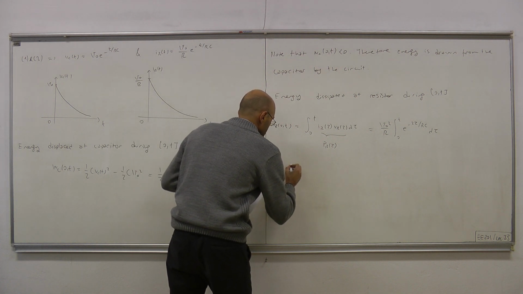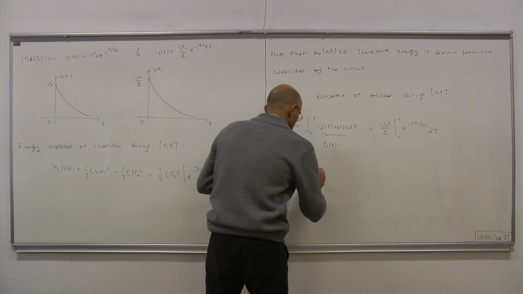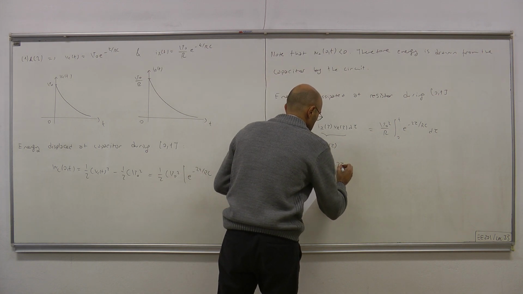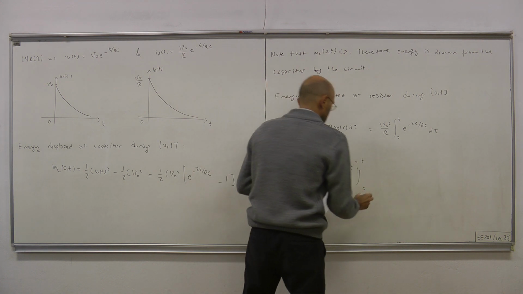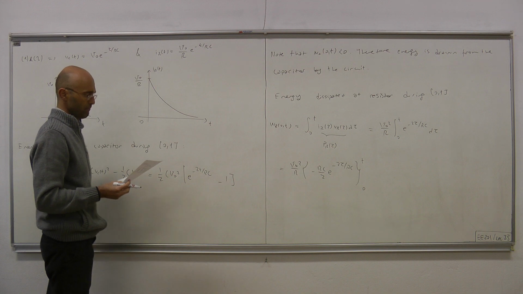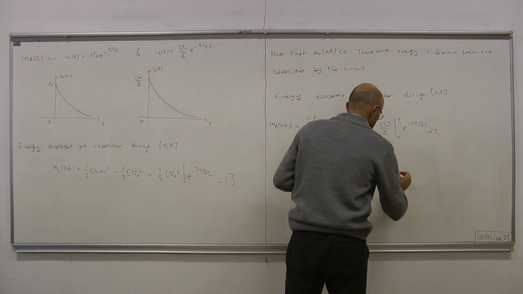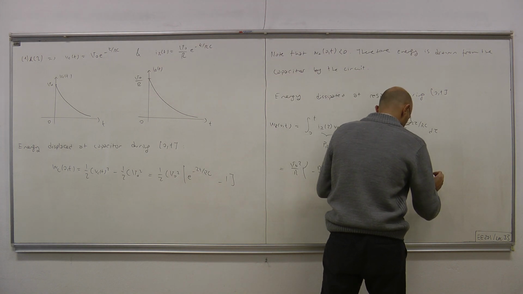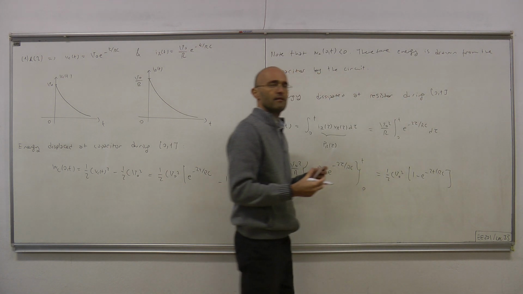Okay, and that's V0 squared over R, times minus RC over 2, e to the minus 2 tau over RC evaluated from tau equals 0 to tau equals t. That yields 1/2 C V0 squared times 1 minus e to the minus 2t over RC.